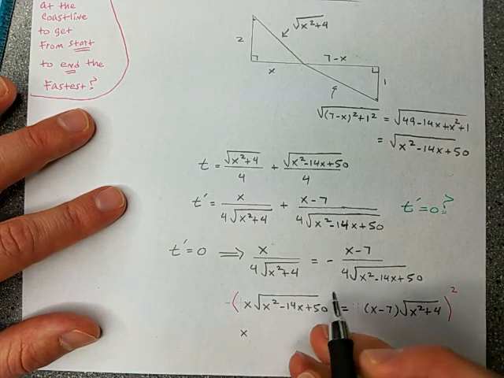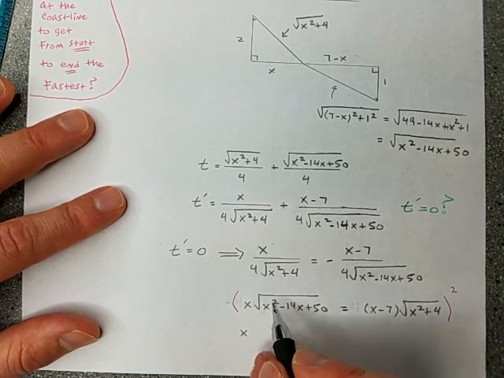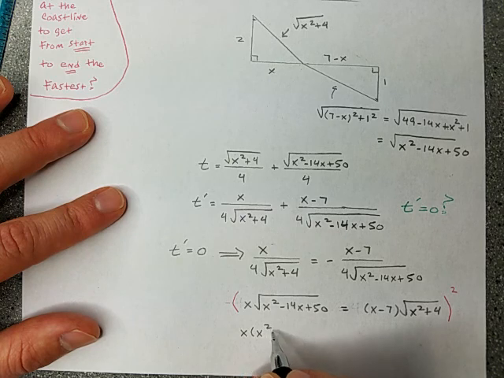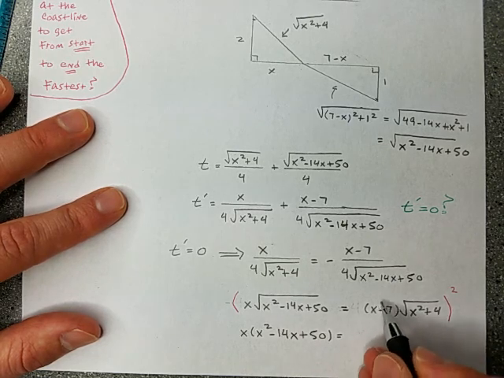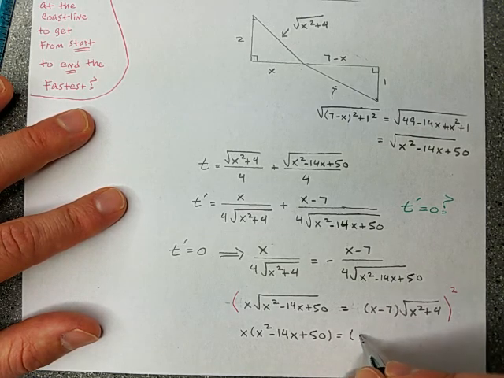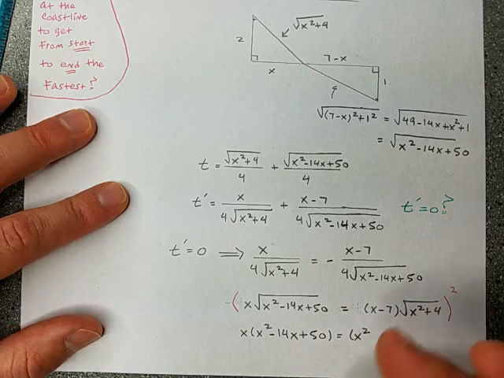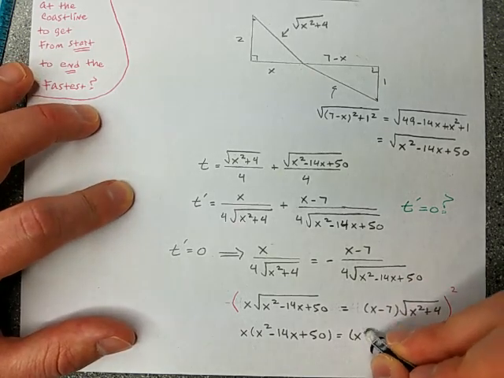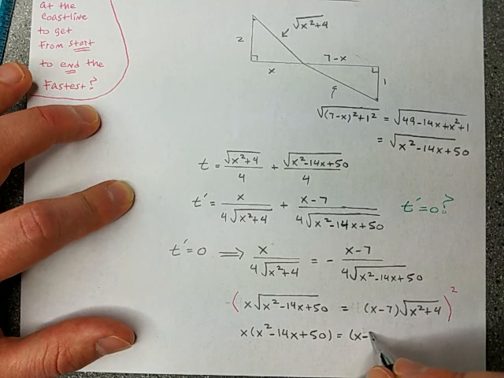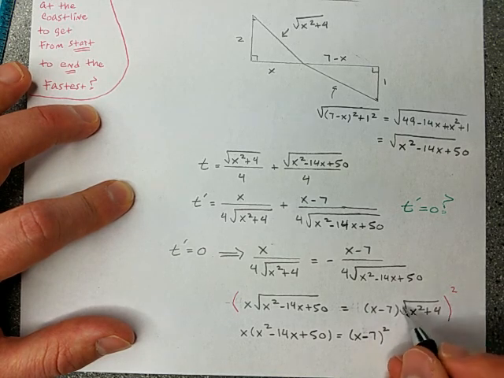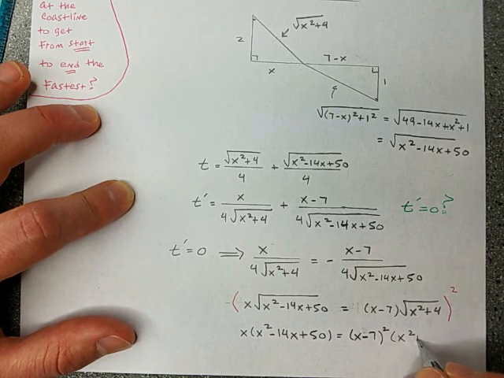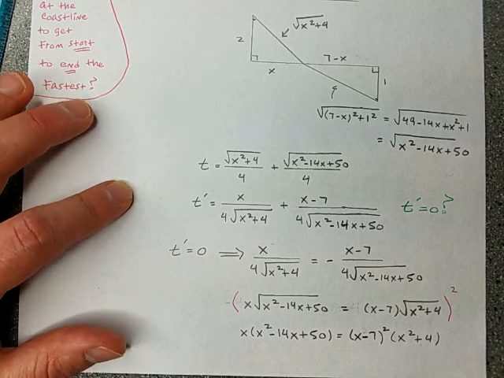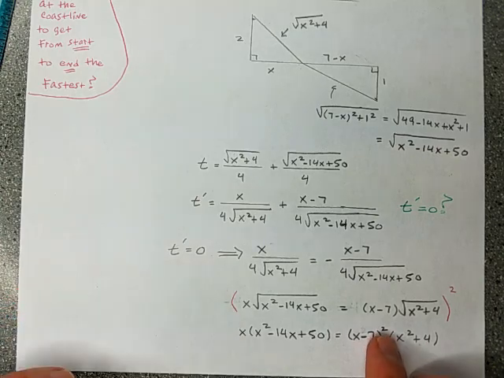Here, I'll get x squared, and then with the root, I'll get x squared minus 14x plus 50. And then over here, squaring each of these factors, I'll get x minus 7 squared. And then here, root x squared plus 4 squared is going to be x squared plus 4. Okay, so that's what I get then after that part.